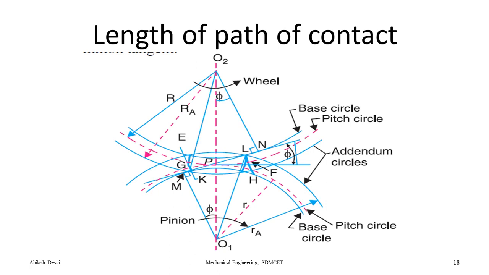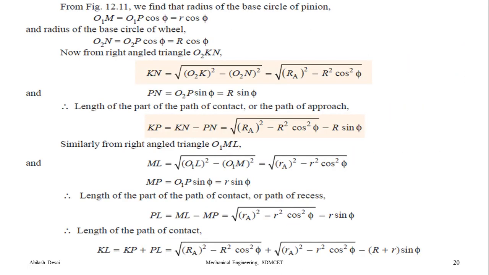You first calculated KN and also PN, so let us substitute now. KN, this term root of RA square minus R square cos square phi, minus PN, this is R sin phi. So KP will be equal to this term.